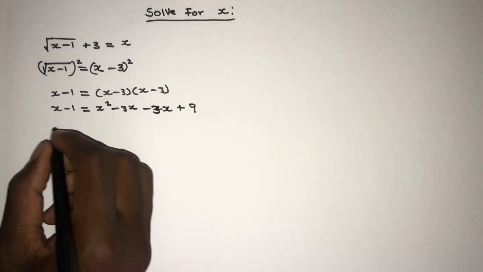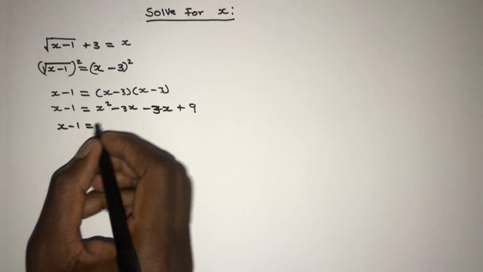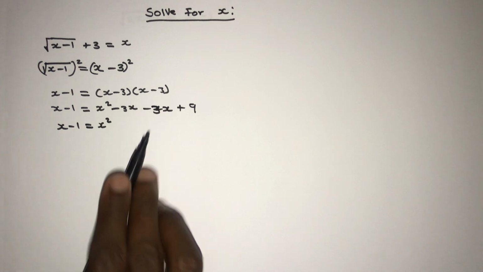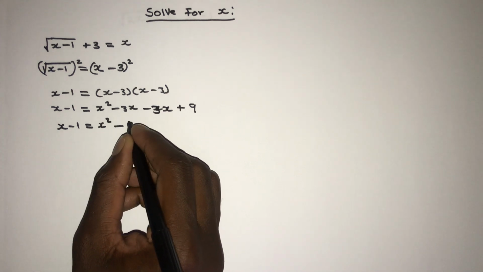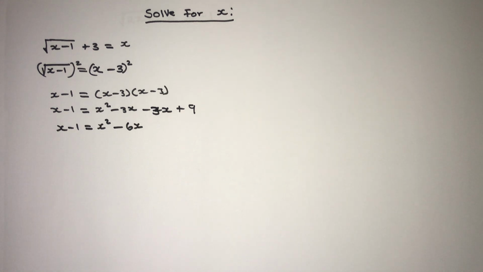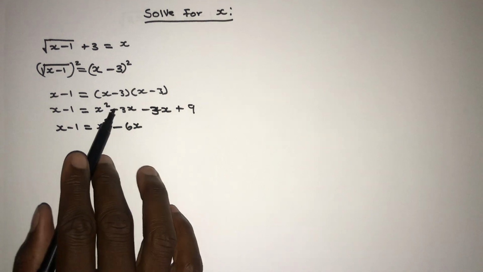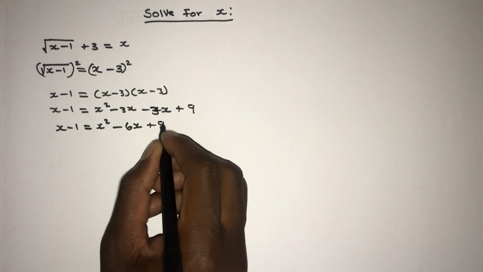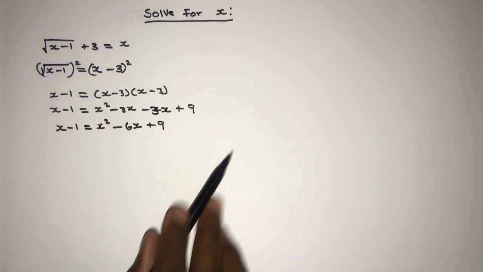Then x minus 1 is equal to x squared, then minus 3x, this is going to give us minus 6x. Same signs mean we add and take the sign of the bigger number. It's negative and negative, so we add. So plus 9.